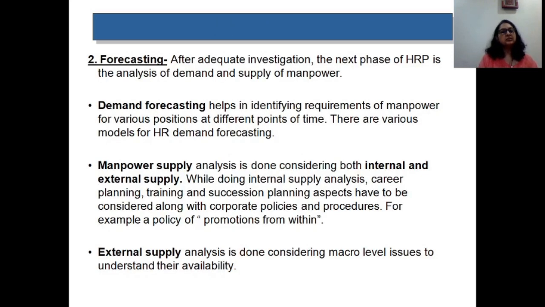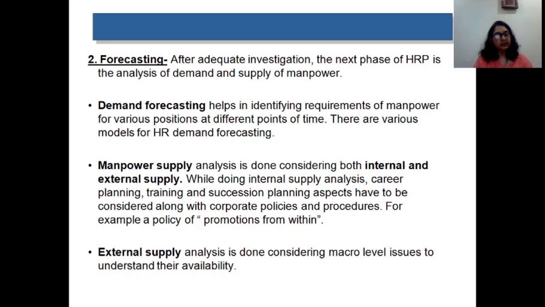The second stage is the forecasting stage. Now, when you have investigated the manpower scenario in a very holistic way, the next phase of HRP is the analysis of demand and supply of manpower. So in this stage, the organization is analyzing the demand of manpower, and for making demand forecasts, it can take help of different models or techniques that are available.